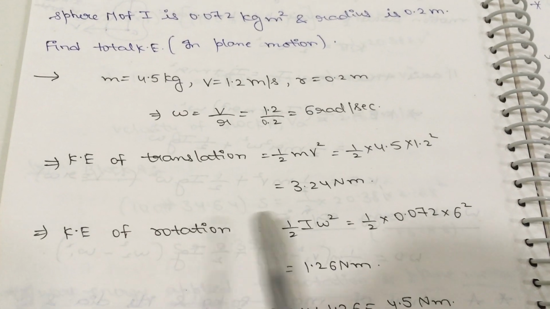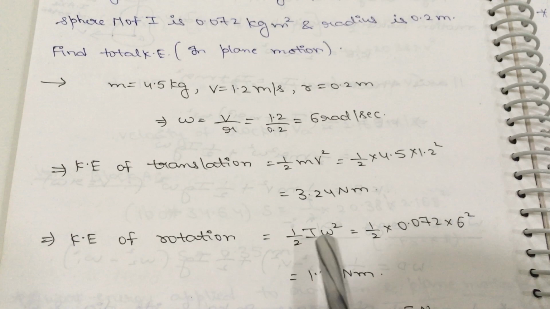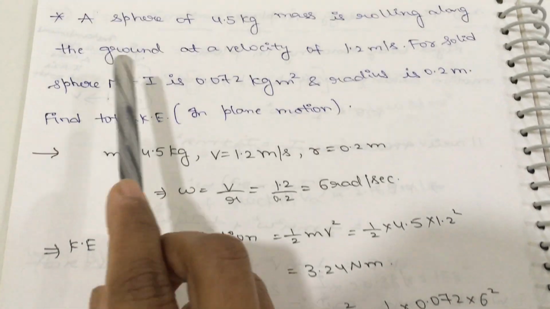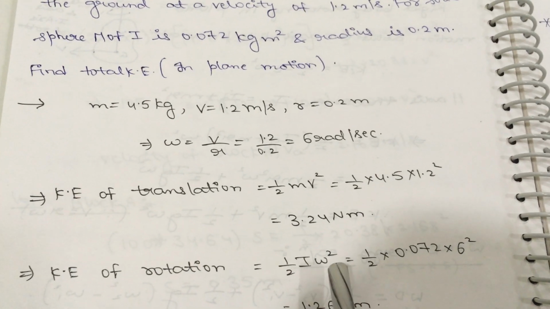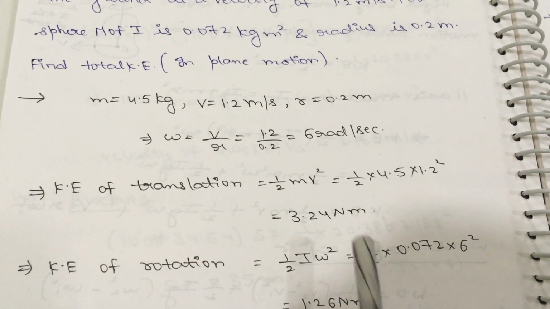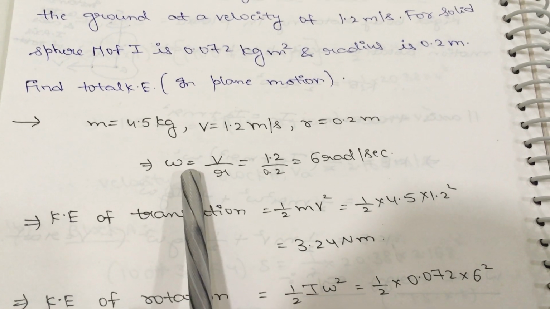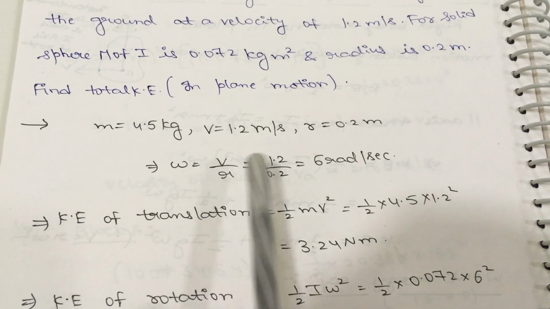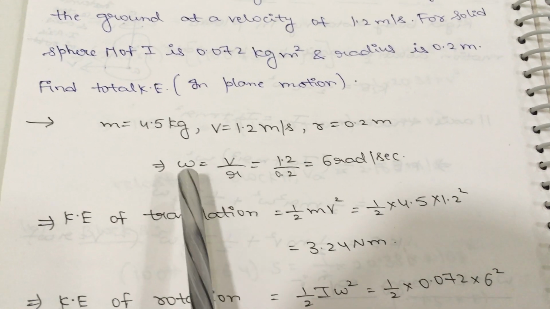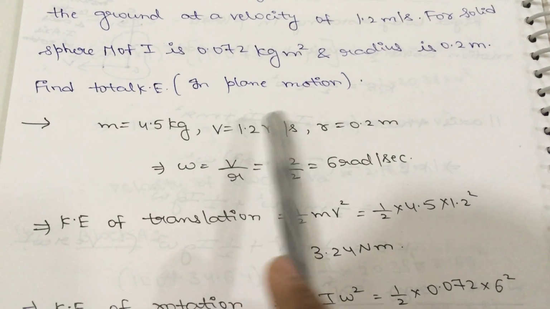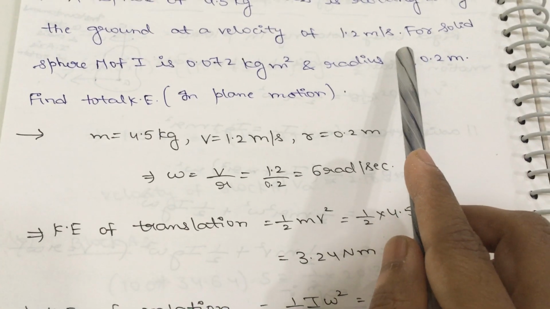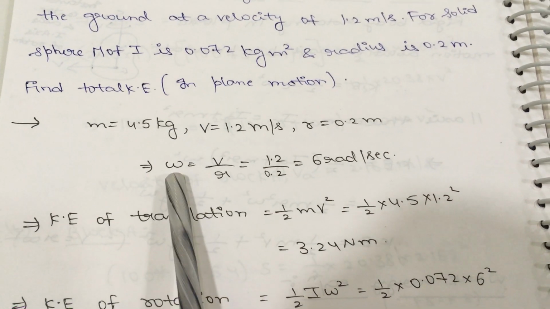Now in the rotational motion, kinetic energy formula is half into I into omega square. I value is given in the question, but omega value is not given in the question. So now we can calculate the omega value by using the relationship like V is equal to omega R. From that relation, make subject to omega value. So omega is equal to V by R. V value, R value, both values are given in the question. Substitute them, you will get the omega value.